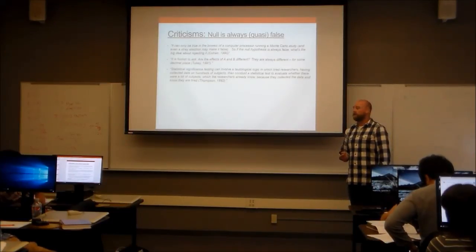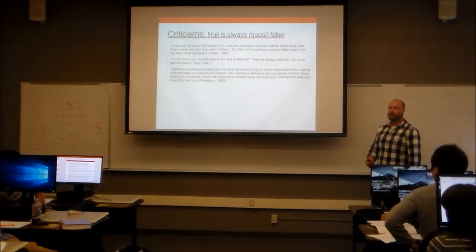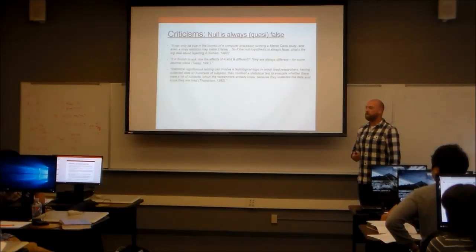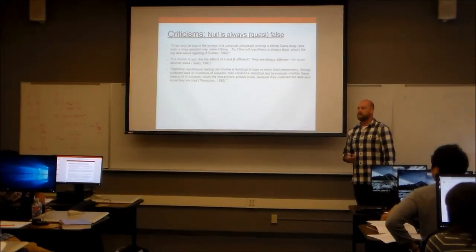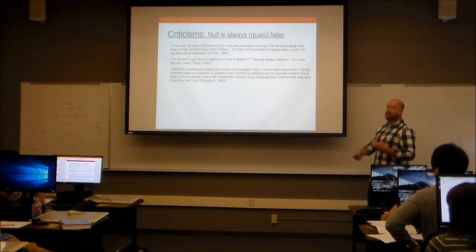We added another 125, and now all of a sudden, magically, we have a statistically reliable effect. So much of this depends on the size of your data. Basically, all we're doing with the null hypothesis test is asking, have we collected enough people to claim statistical significance, right? And so for a fundamental theoretical reason, the null is always false.